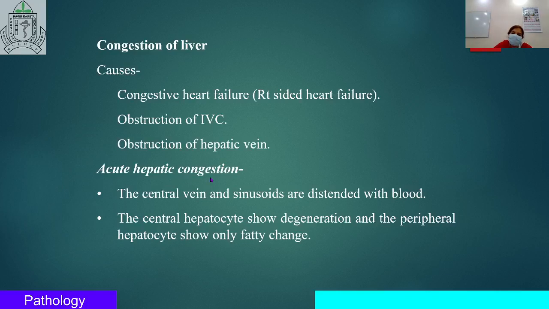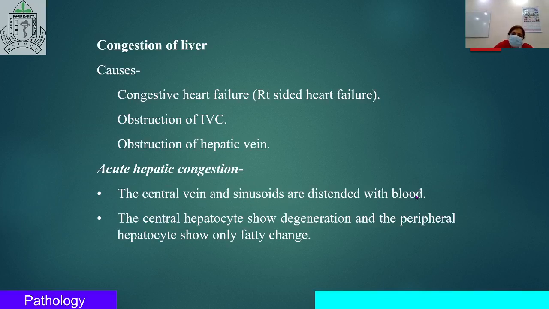In acute hepatic congestion, there are two points. One is the central vein and sinusoid. You must know where the central vein and sinusoids are located within the liver. In anatomy, you clearly know that the central vein is placed at the center of the lobule, and the sinusoids are located around it.